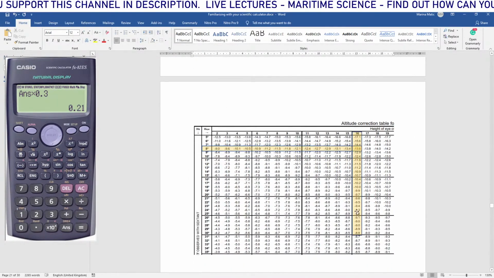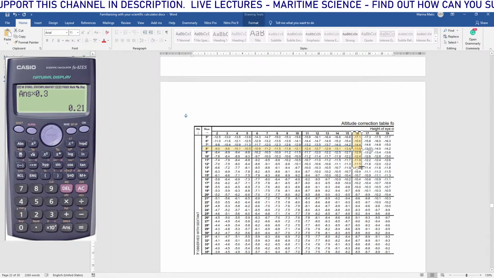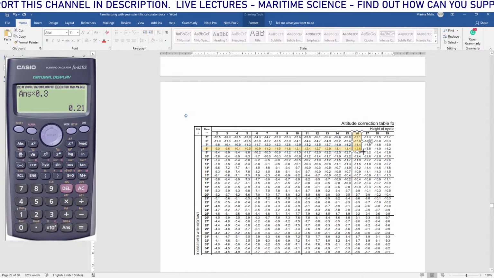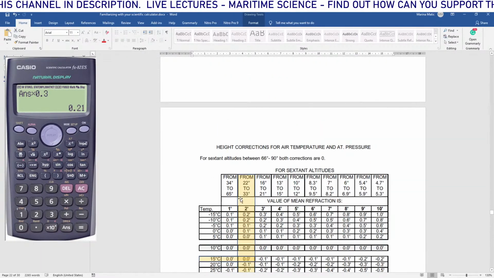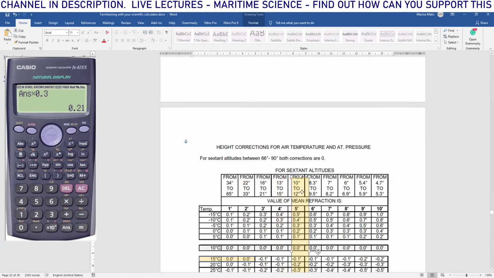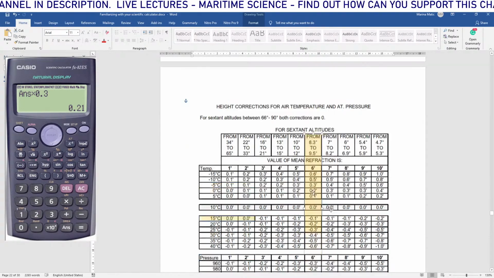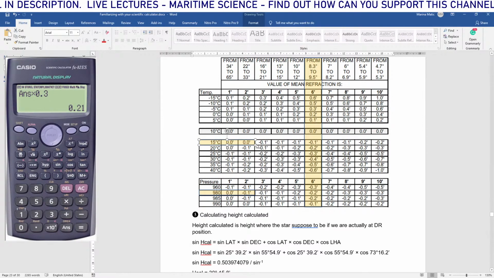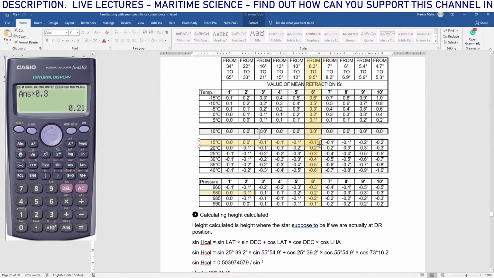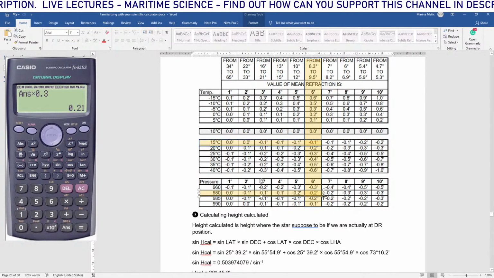So we have that here. We do not need this big, it can be this small. Okay, like this. And for temperature and pressure, our height is 8.3, so it's here. So that means the correction for temperature is -0.1, and for pressure is -0.2.